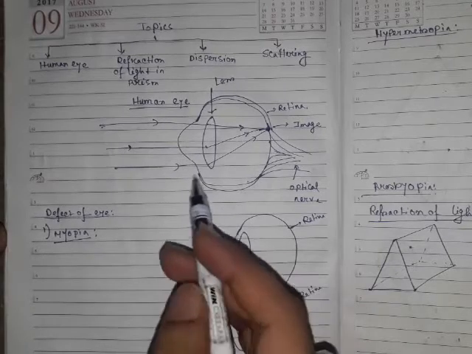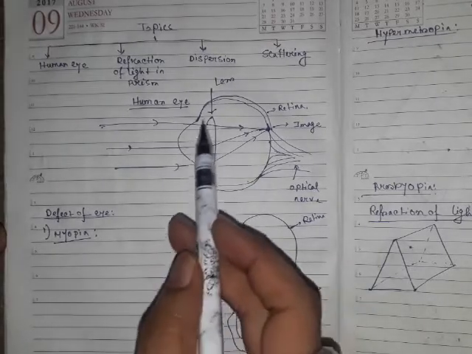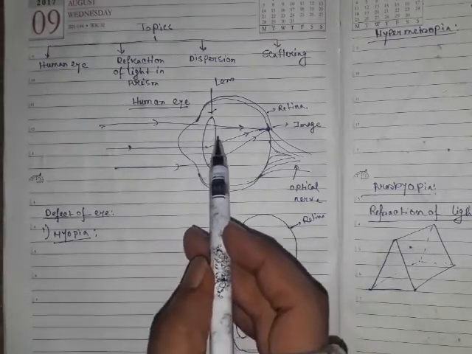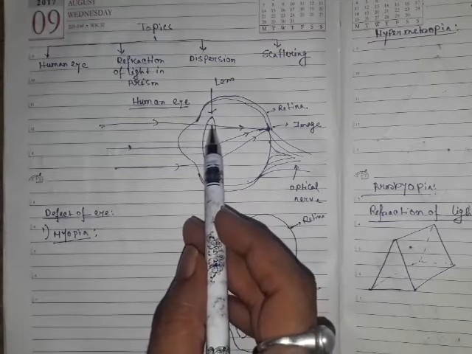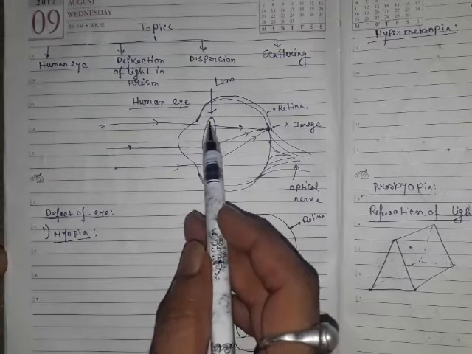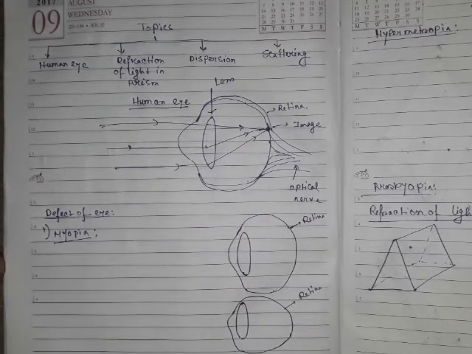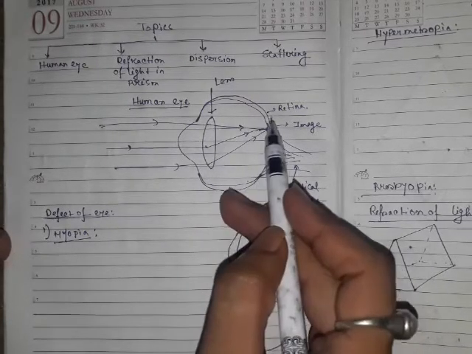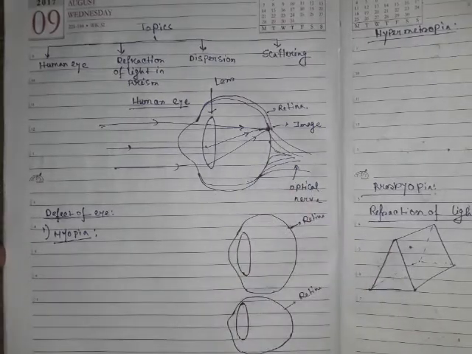There are a lot of parts associated with the human eye, but we are only interested in the lens and the retina. The lens works as a focusing element of light, and the retina is your screen where the image is created.